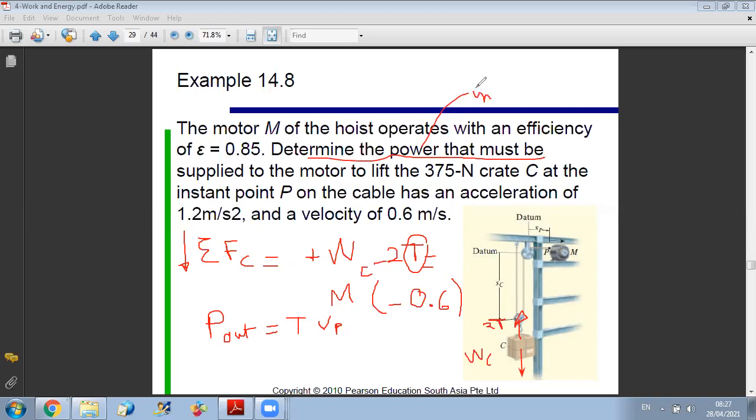Okay, so now in order to determine the input, having the efficiency of the motor, we can write that P input is equal to P output over the efficiency. Okay. Any question on this?